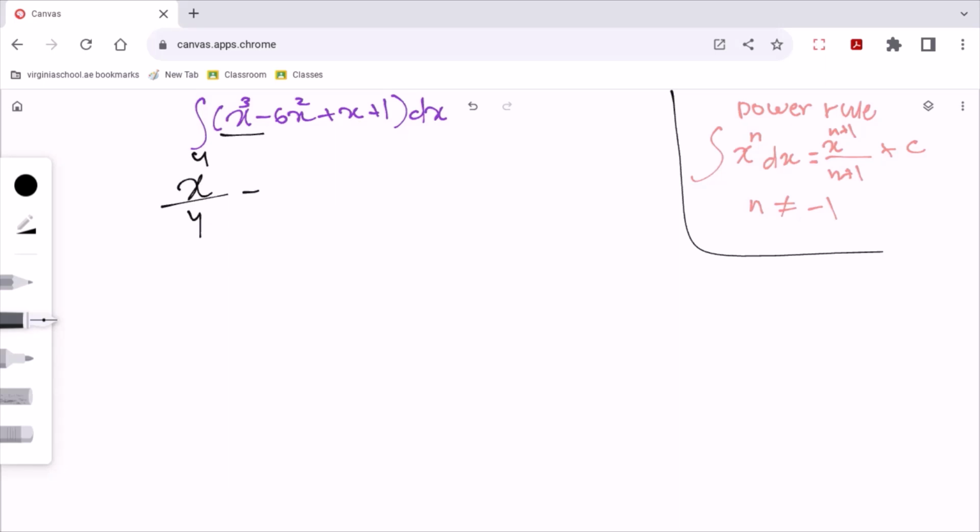This term also has an x power, but it also has 6 multiplied out front. Anytime you have a constant multiplied out front, you can keep the constant and then integrate the rest. So we can keep the 6 and then integrate x squared with the power rule. So instead of x squared, it is going to be x to the third over 3.